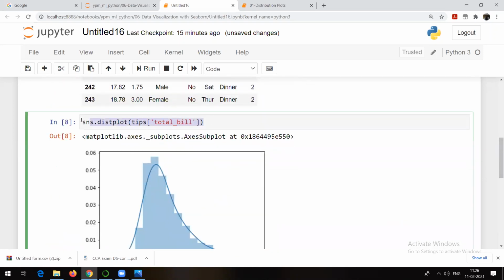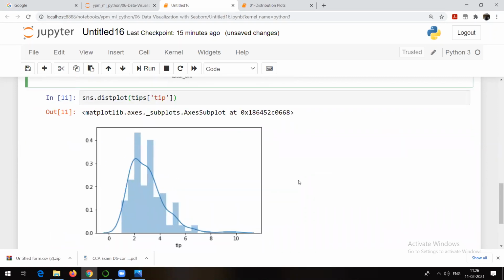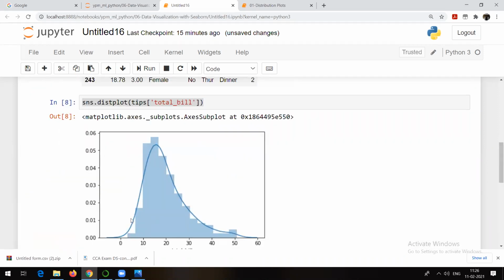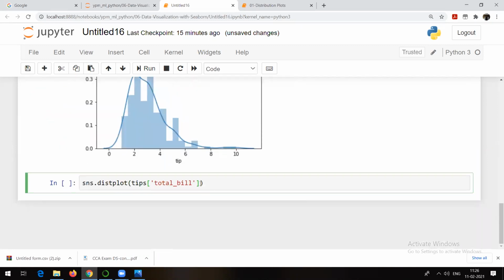Now in case of this particular command, you get a lot of options. For example, suppose I do not want this particular line, this curve. You have the option. You can make use of KDE, which stands for kernel density estimation.